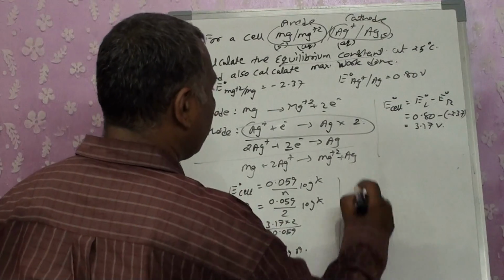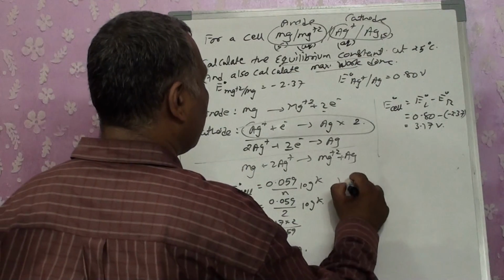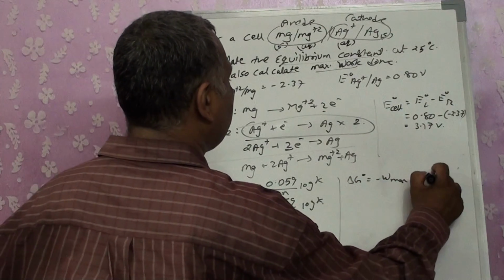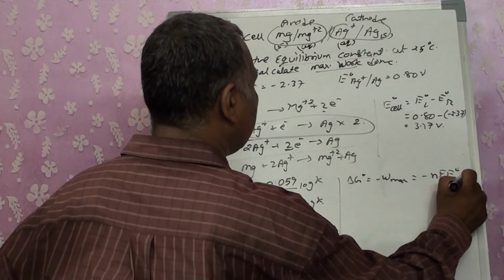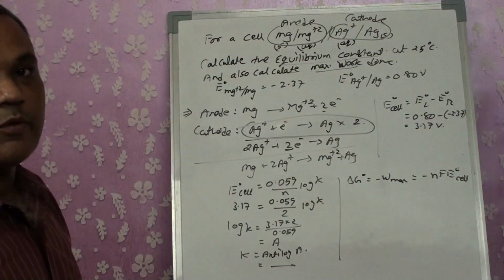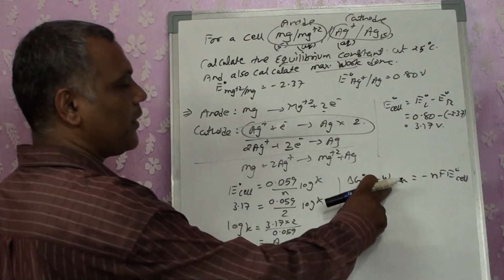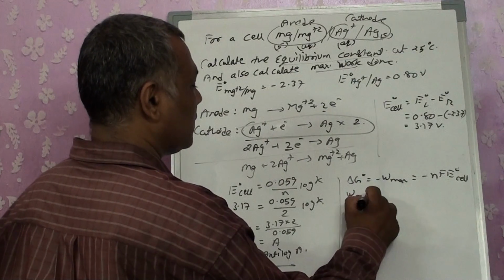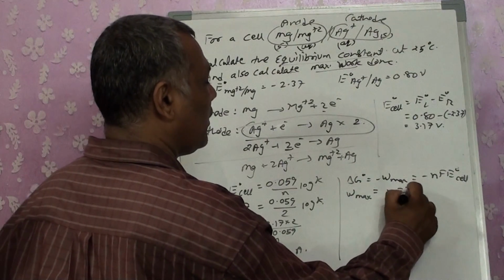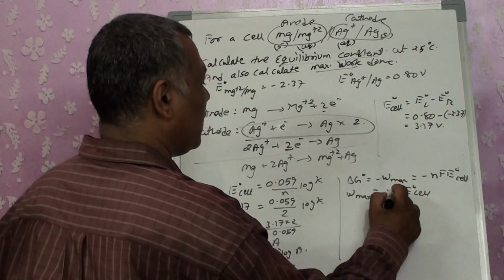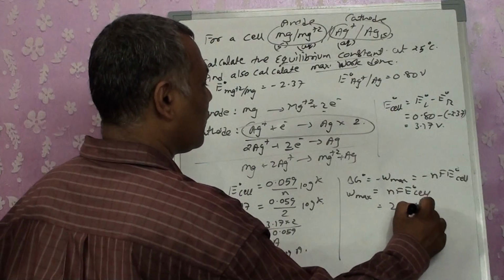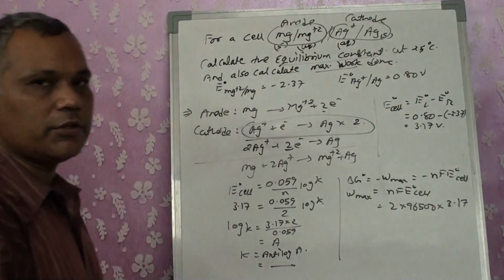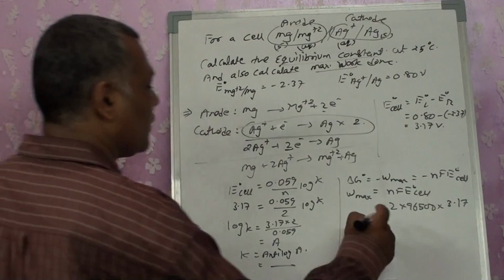The second factor asked is the maximum work done. So delta G equals minus W max, and that equals minus nF E cell. This is the maximum work done. So delta G naught equals minus W max, which is minus nF E naught cell. So W max equals nF E naught cell, with electron transfer 2, 96500 as Faraday's constant, and cell potential 3.17.